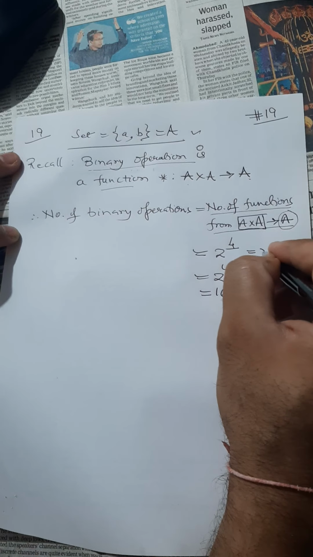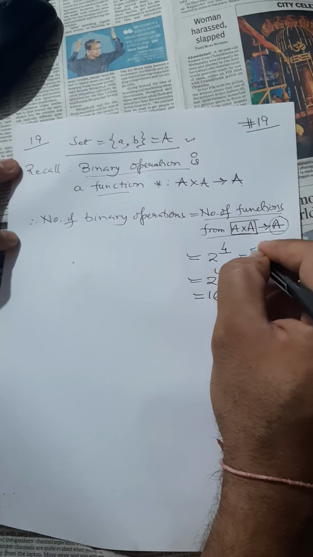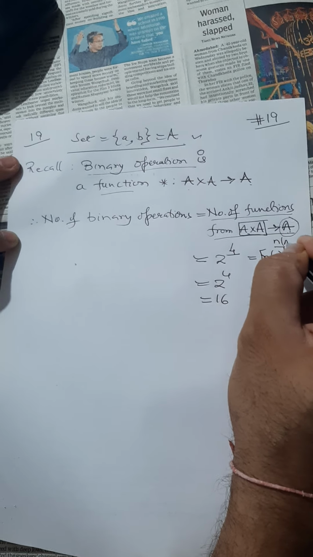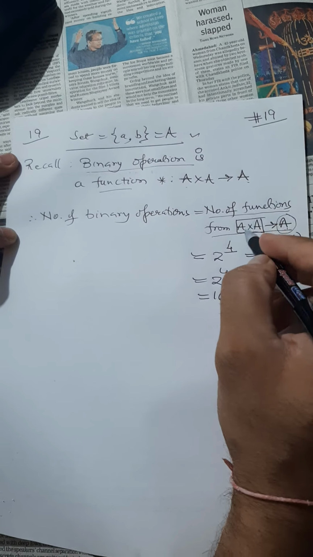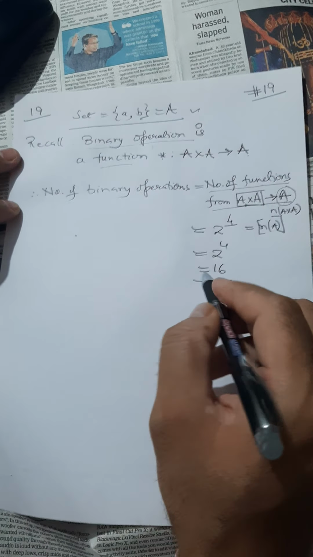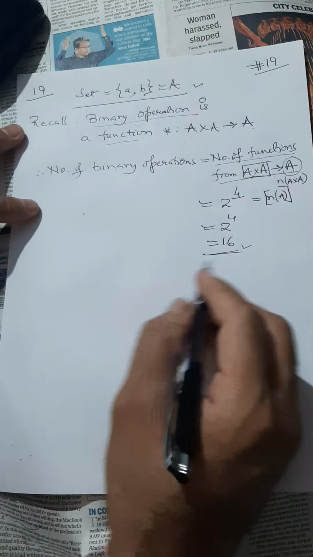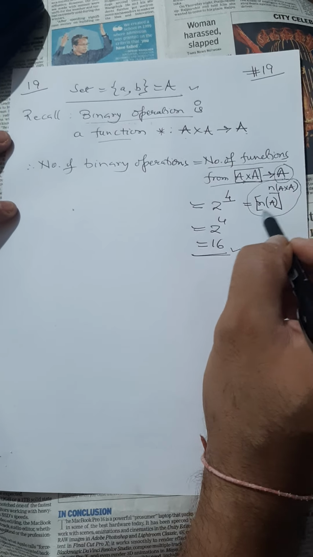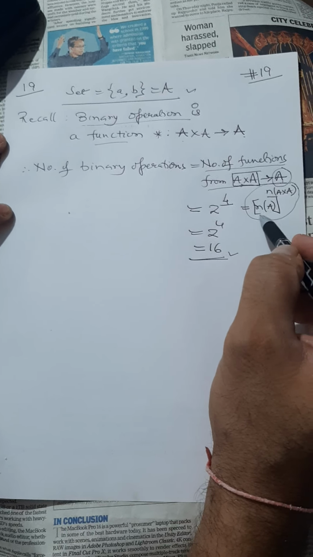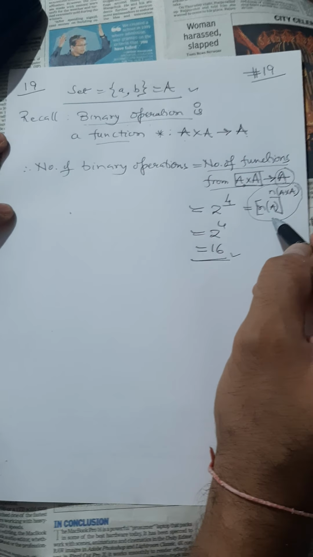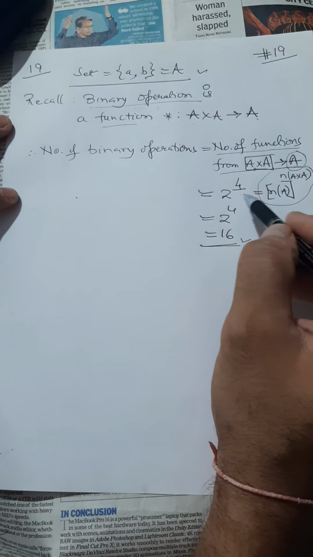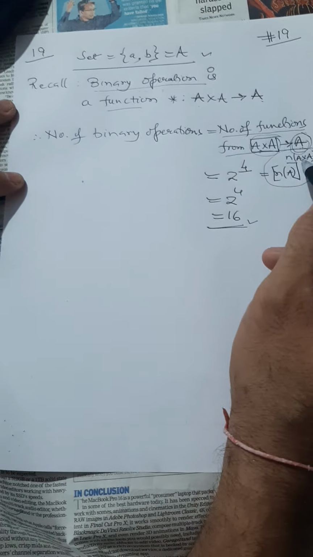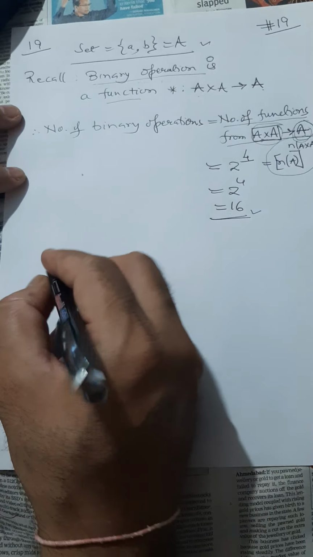Number of elements in A raised to number of elements in A cross A, which is 4. So therefore there are 16 binary operations. Remember here, this is a general formula. Number of elements in this raised to number of elements in this.